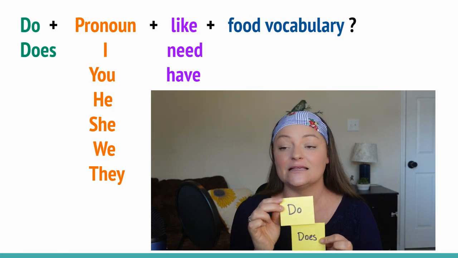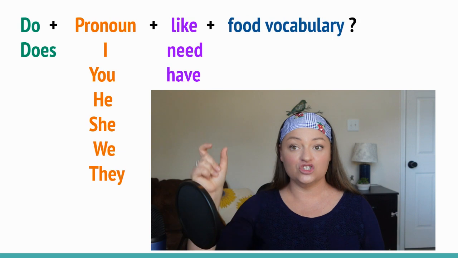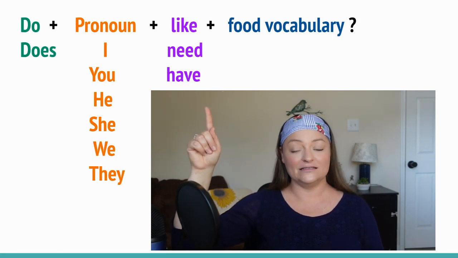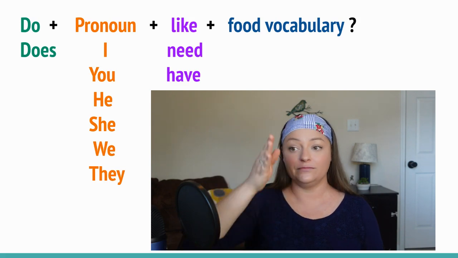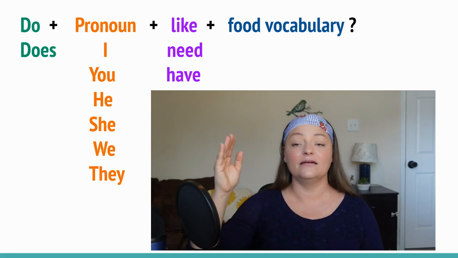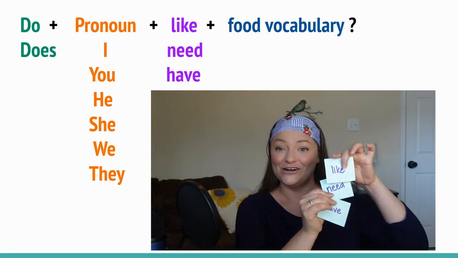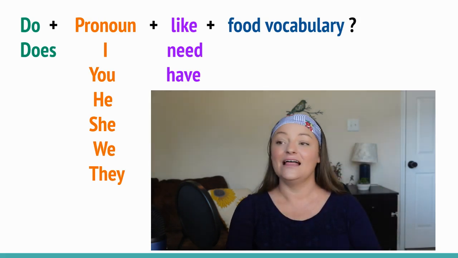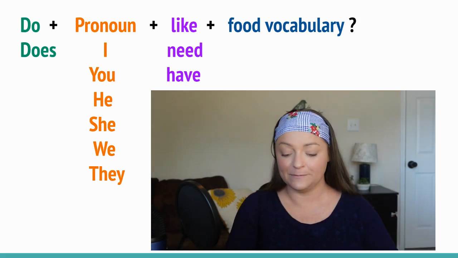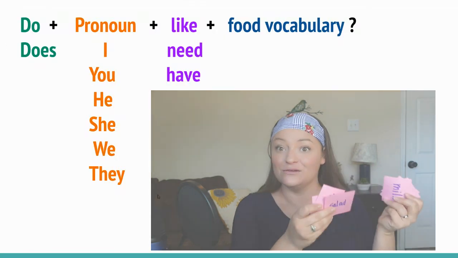Do and does start the question. So do or does, then the pronoun, I, you, he, she, we, they. And then like, need, or have, one of those verbs. And then your food vocabulary. So we can use these again.